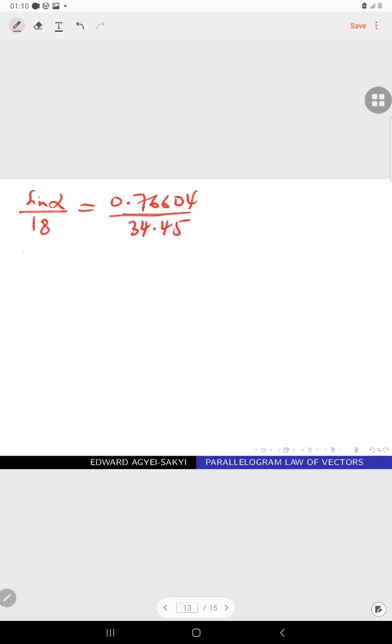Now we want alpha, so we multiply by 18: sine alpha equals 18 times 0.76604, and we divide both sides by 34.45.